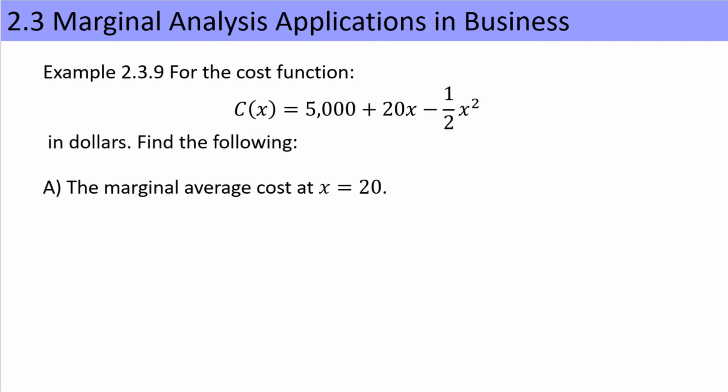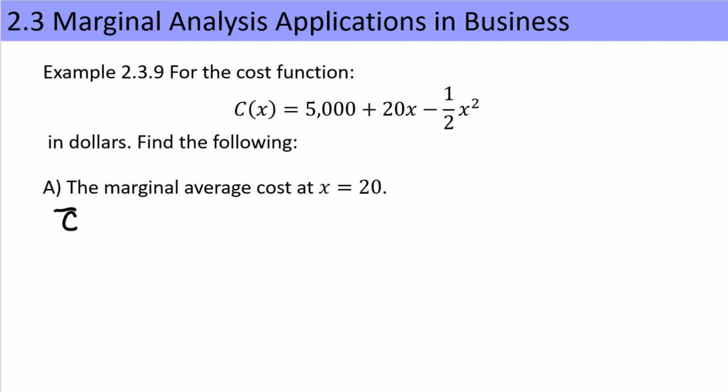Example 2.3.9. For the cost function, C of x equals 5,000 plus 20x minus 1/2 x squared in dollars, find the following. A, the marginal average cost. Remember, marginal always means take the derivative, so we have to first find the average cost, and then we'll compute at x equals 20.